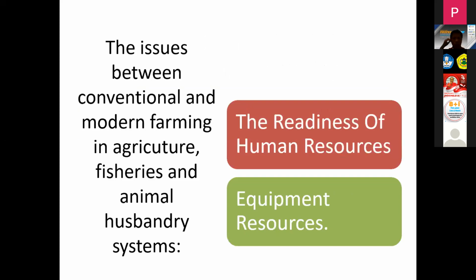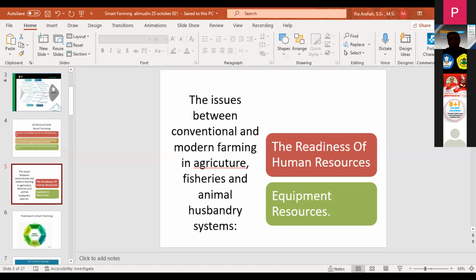It's the conventional or modern farming agriculture, with human resource and equipment resource. Why are there these two aspects? Because in general Indonesia, for example, as a country is not developed like Japan.